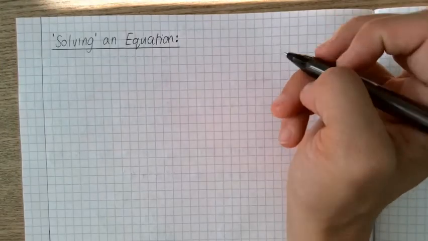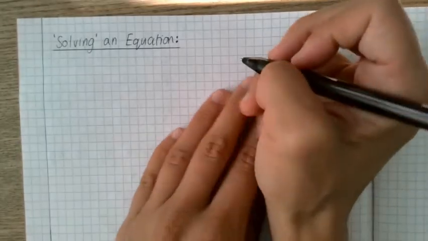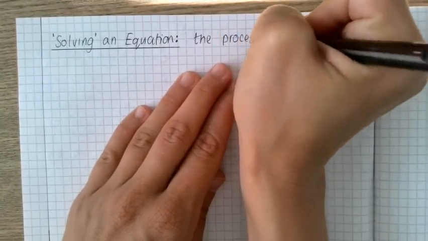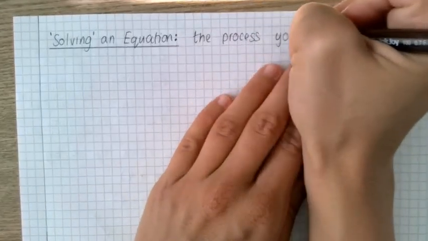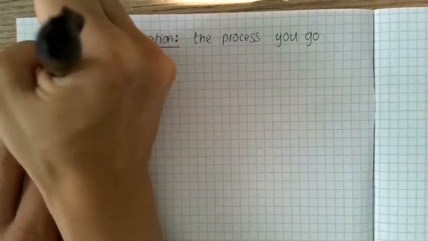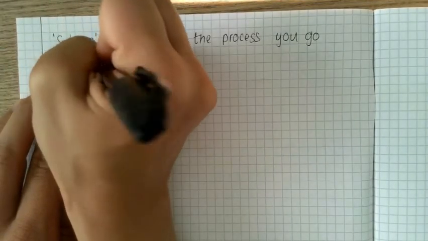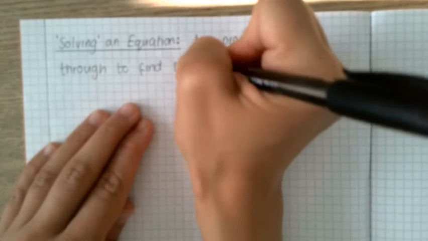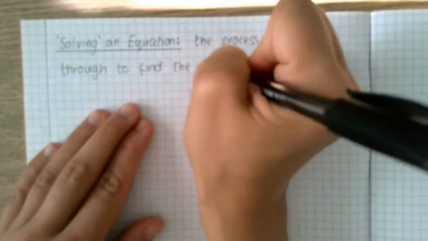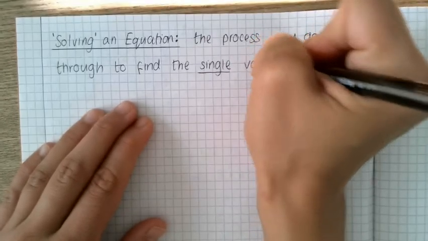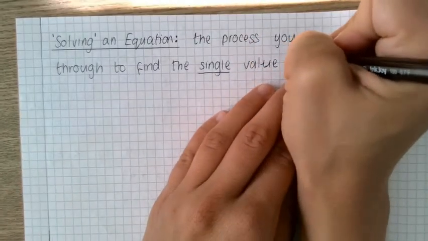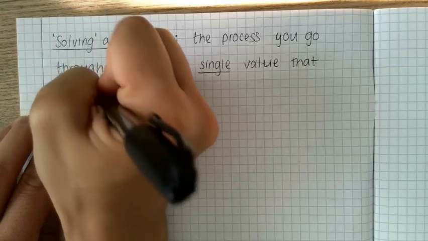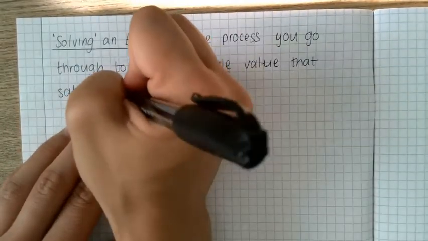It means solving an equation is the process you go through to find the single, so there's only one, the single value that satisfies the equation.